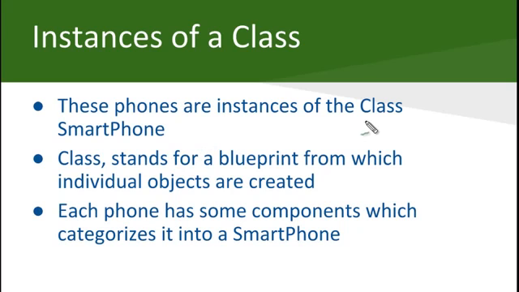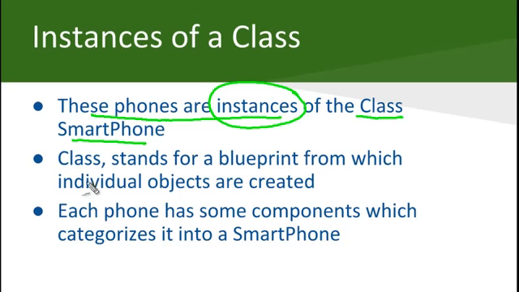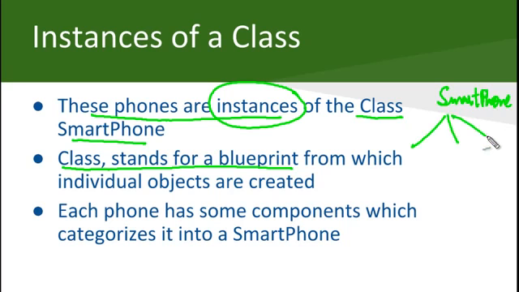Now we can say that there is a class smartphone and these phones are instances of that class. Now class here kind of stands for a blueprint from which the individual objects are created. So you can say that there is a smartphone class and it can have various kinds of smartphone, thousands of smartphones.